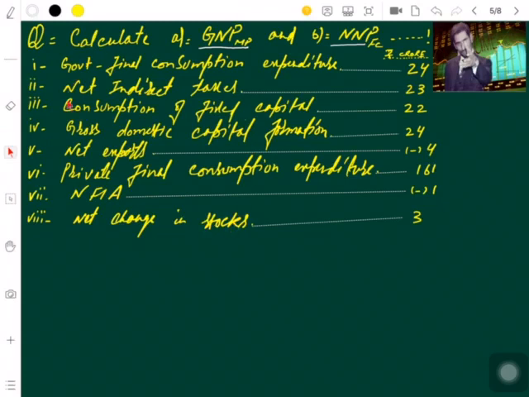These are all components of GDP in the expenditure method. So you will yourself recognize that this numerical is from the expenditure method.